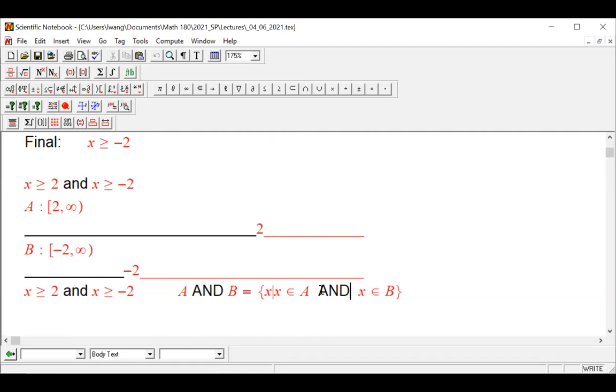The truth table for "and" will come. So what happens if you have x greater than or equal to 2 and x greater than or equal to negative 2? So both conditions have to be satisfied. Are you guys thinking with me?